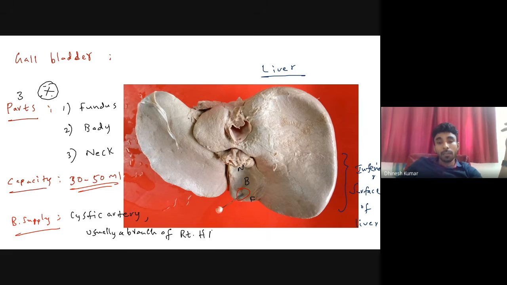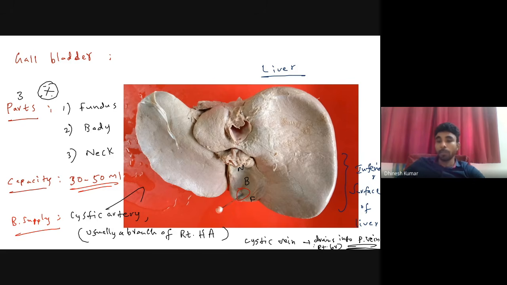And the corresponding vein will be cystic vein, which usually drains into the right branch of portal vein.